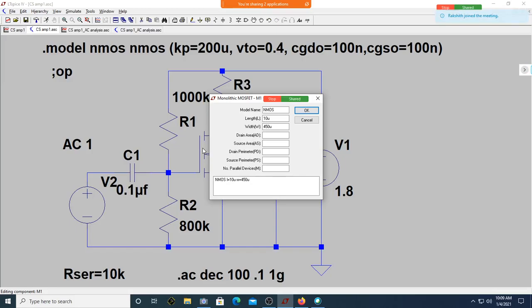Since the CGSO is also the same, this CGSO will also be 45 picofarad. Correct? Am I fine? Is this correct?